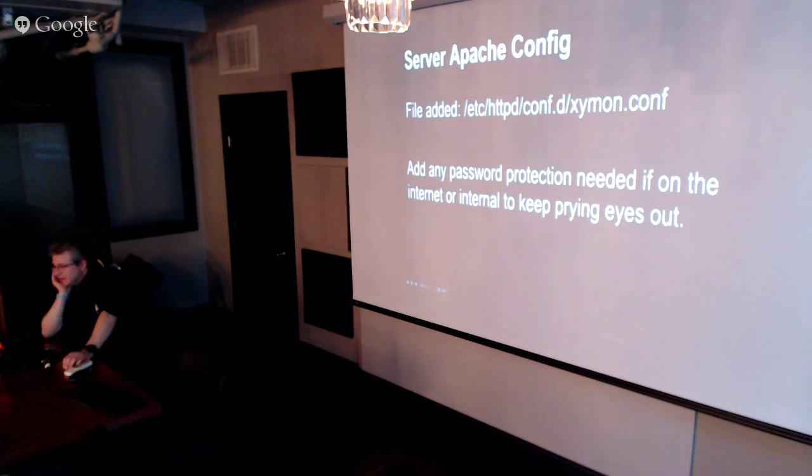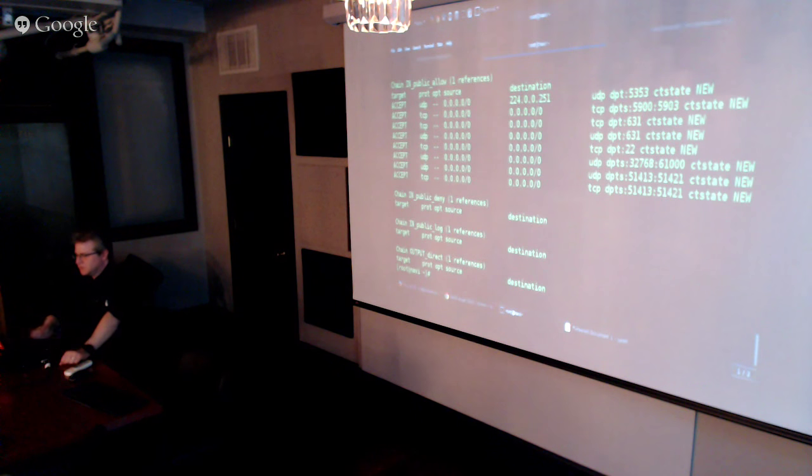So, please add password protection onto your Xymon instance, because you never know what people want to do, since they can get an entire view of your network layout with it, and all the IPs associated with it. We use LDAP authentication that is tuned down to a specific group, so only members of that group can log in and see information.